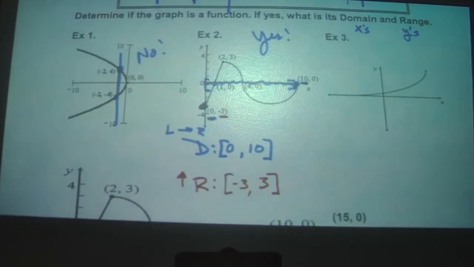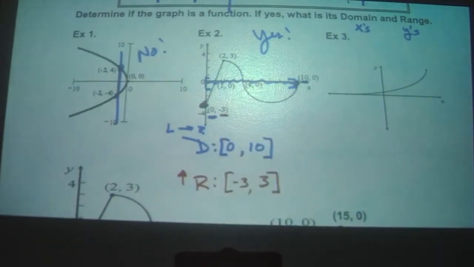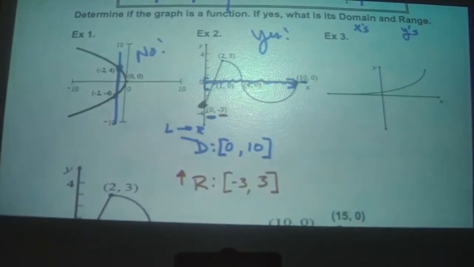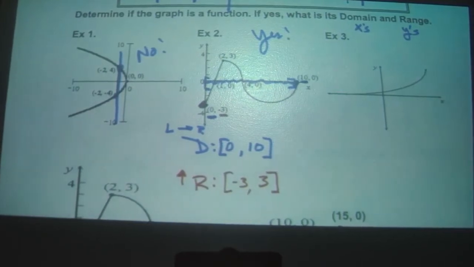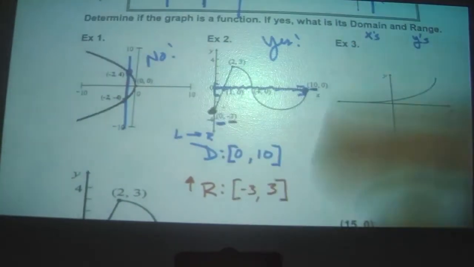All right, questions for domain and range. I think this is called interval notation. Interval notation is probably what my math lab is wanting. I'm almost positive, 99.9%. Any questions with the domain and range? Domain is the x values, range is the y.